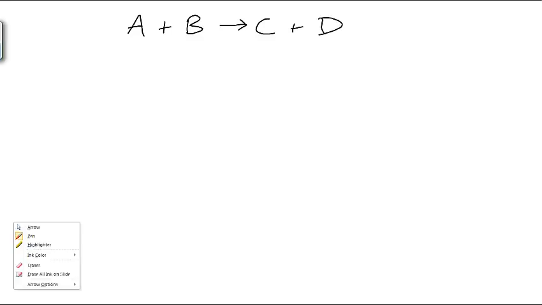All right, so let's say we have a reaction A plus B makes C plus D. I know, that doesn't mean anything, but we've used that as kind of our generic reaction. Actually, no. Scratch that. I don't want generic A's and B's.